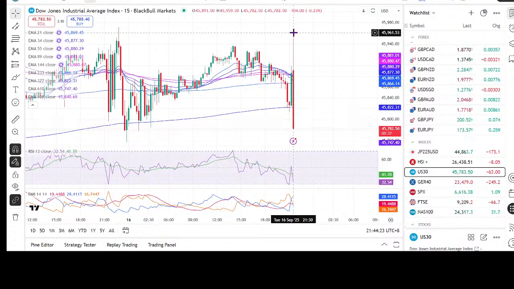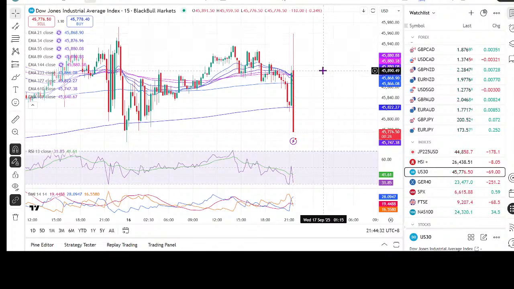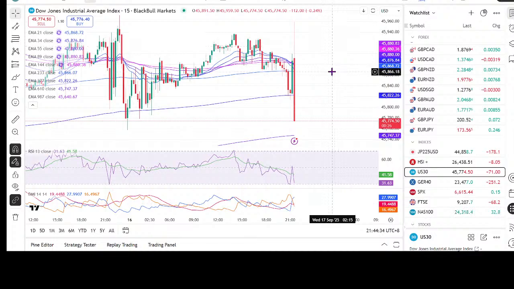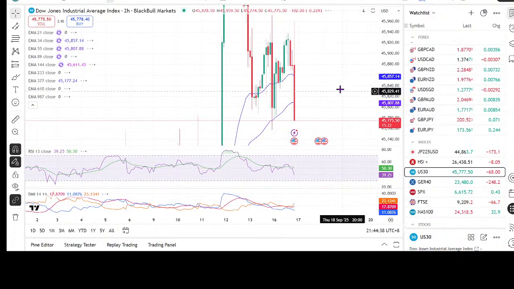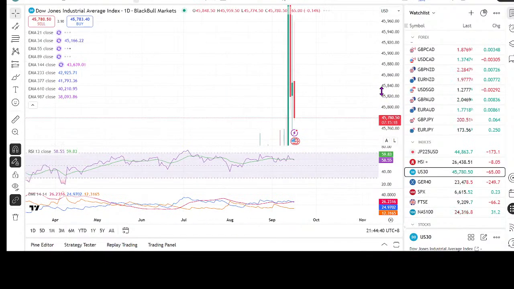Let me see this. I think something got filled. Okay, the gold buying 95 is filled. Just now it spiked up, and now it is coming down.